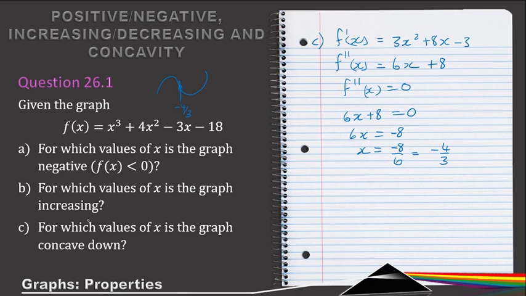So we are interested in concave down, meaning the one that frowns. So this side. So all the x values that lie here, everything that's less than -4/3, that's where our graph is concave down. So for x being less than -4/3. Alright, and that's basically the answer there.